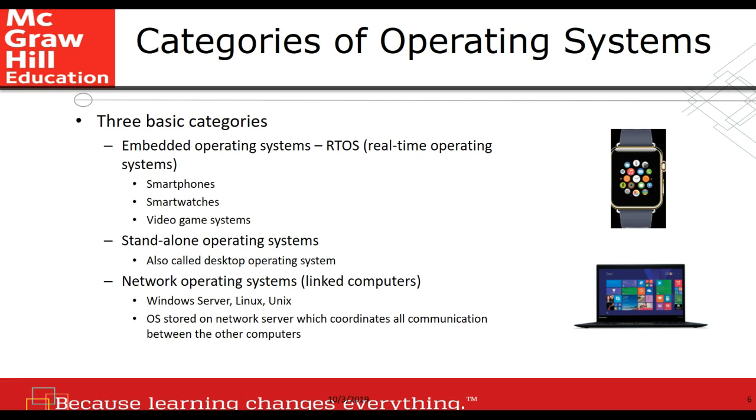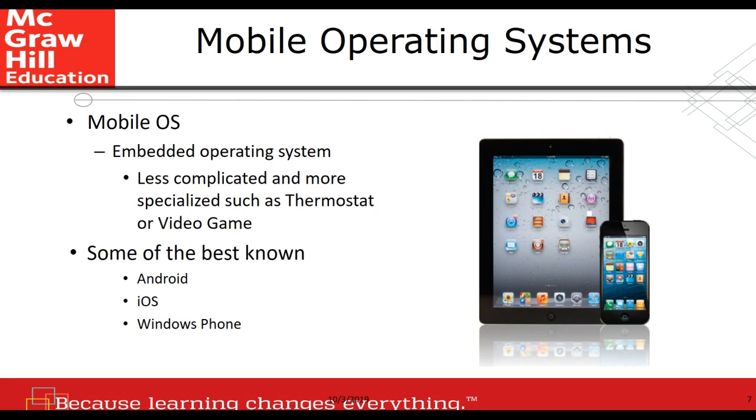You can find this in smartphones, smartwatches, or video games. The second one is called standalone operating system. A standalone operating system is like a desktop operating system. And the third one is a network operating system that links different computers to work together. So let's discuss each of these in the next slide.